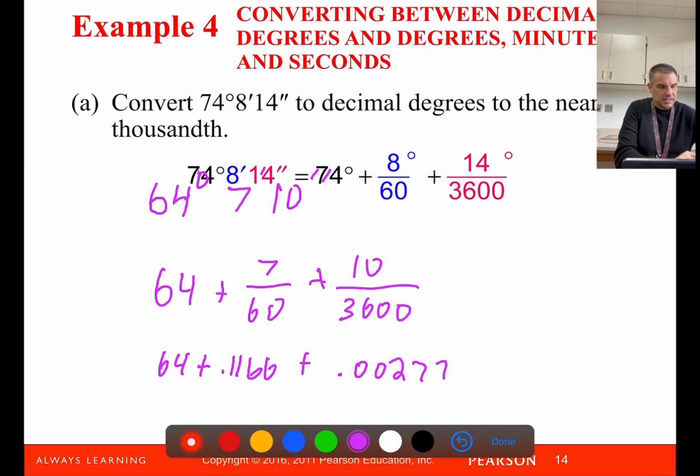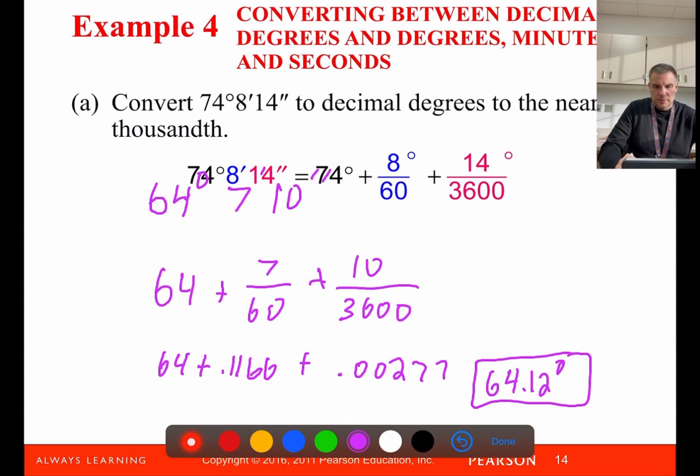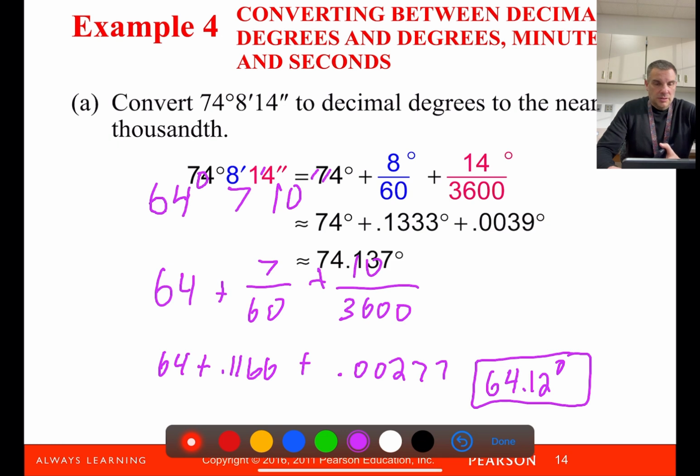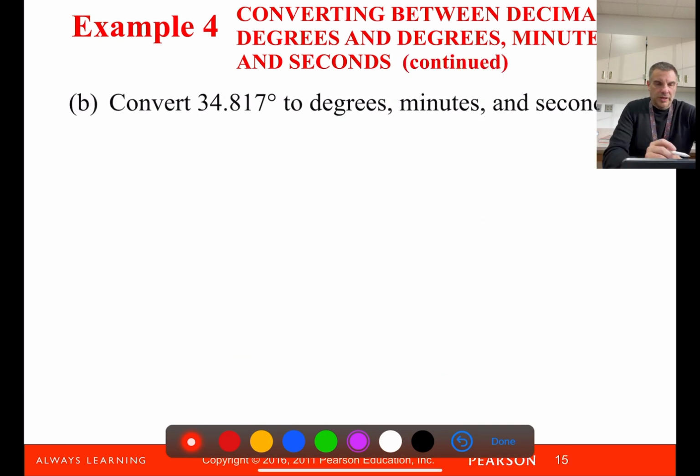Add all those things together, and you get 64.12 degrees. And that's what that is in degrees. Okay, so that's, again, converting it to degrees. When we convert it to minutes, let's do another one.